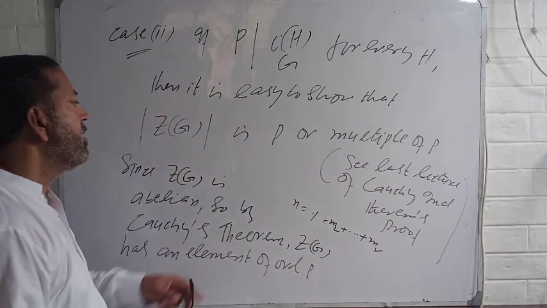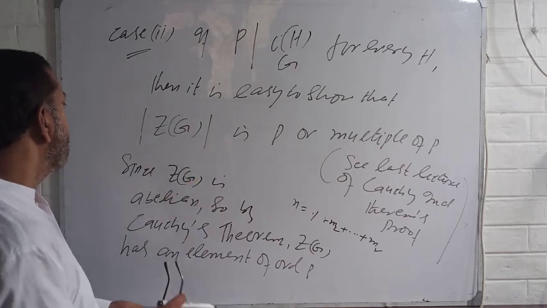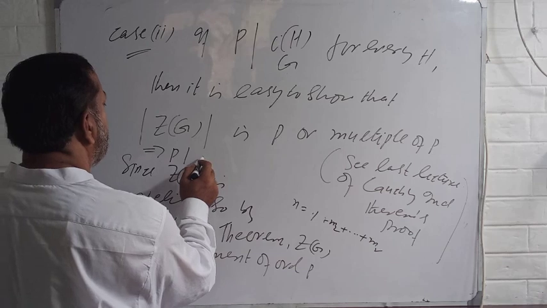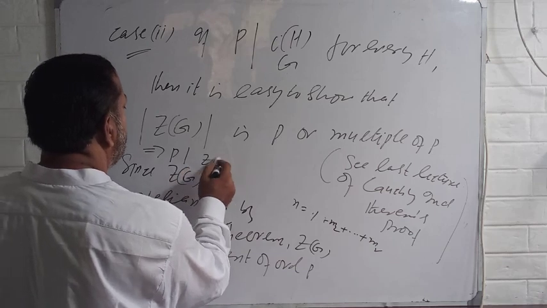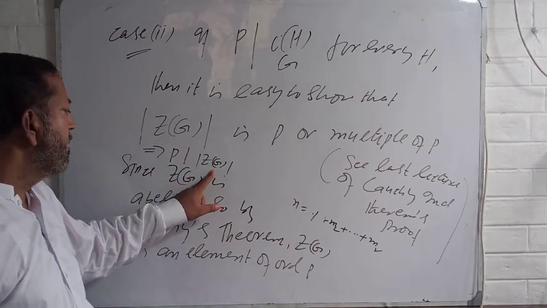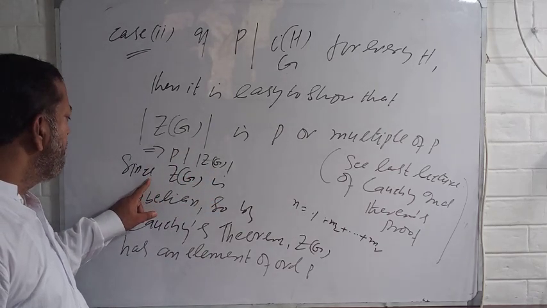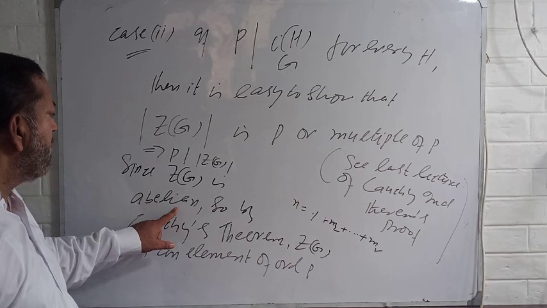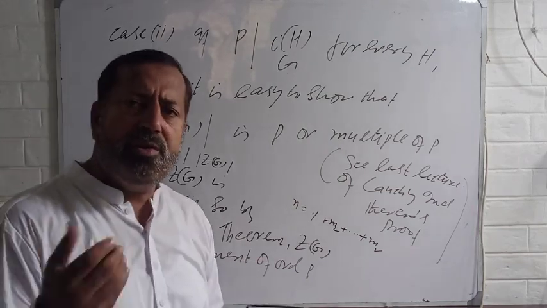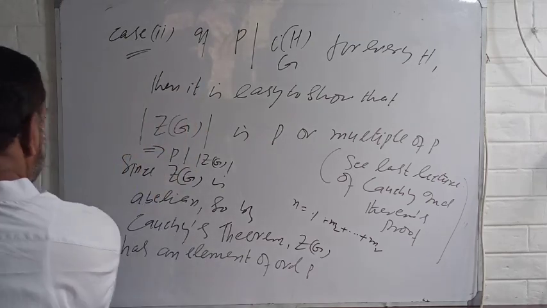You know, this means that p divides the order of the center of G. No need to say abelian, because we have Cauchy's second theorem as well. So this is sufficient reason.